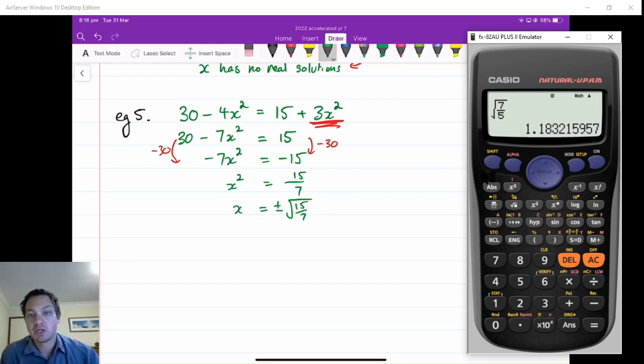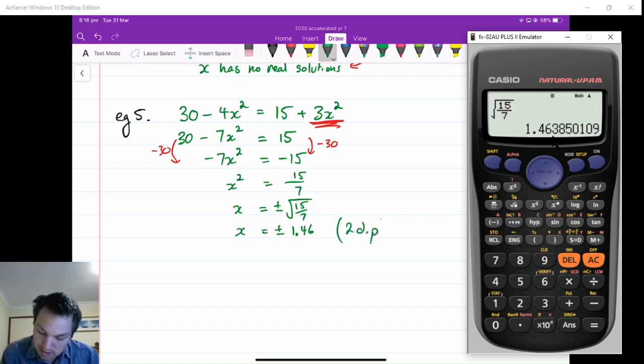Okay, and then I can use my calculator and say the square root of 15 over 7, here you go, 1.46 to 2 decimal places. So it's x is equal to plus or minus 1.46 to 2 decimal places.